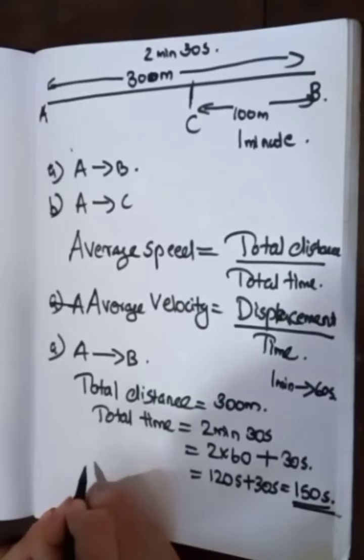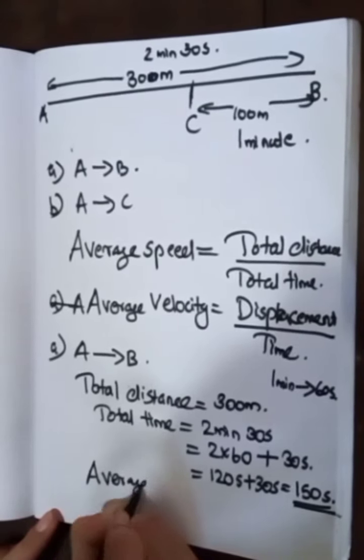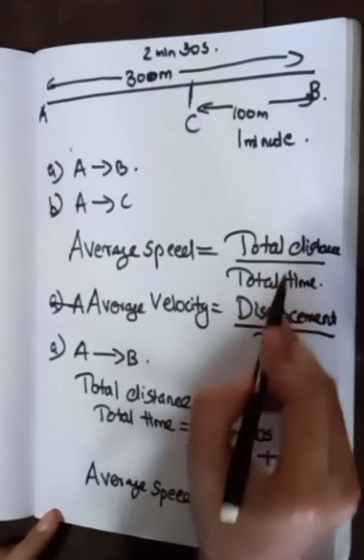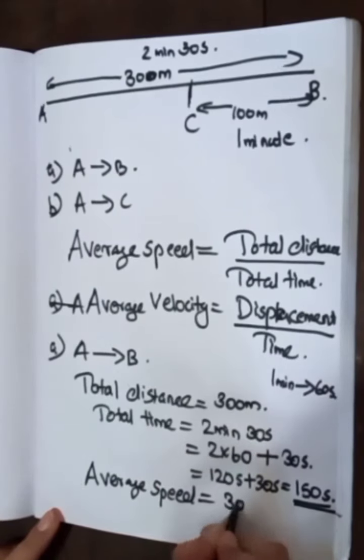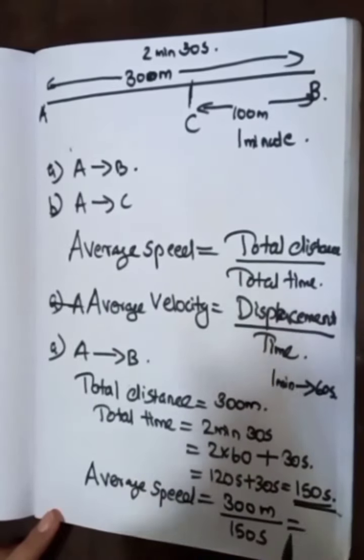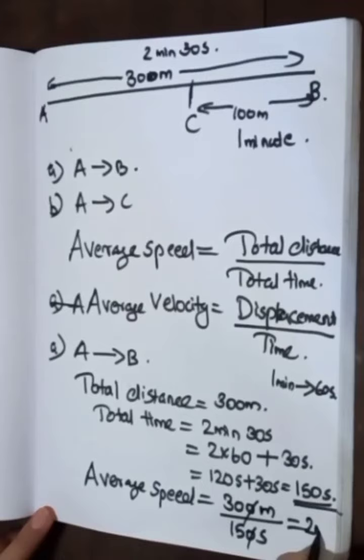Then the average speed is equal to total distance by total time. Total distance is 300 meter and total time is 150 seconds. So the average speed is 2 meter per second.